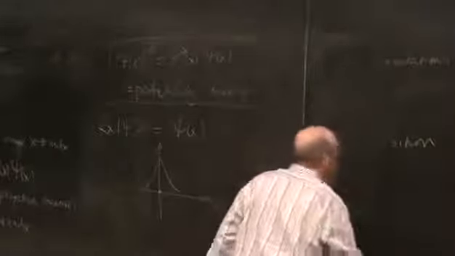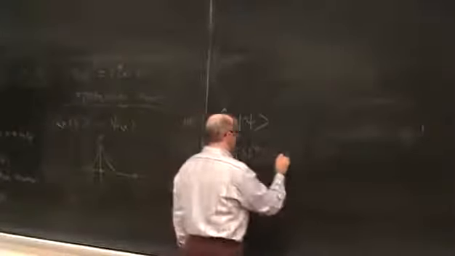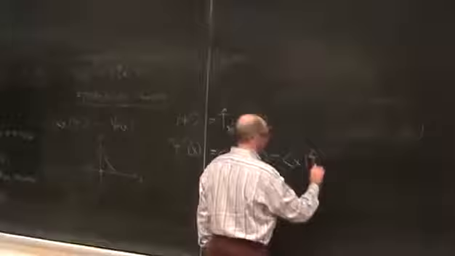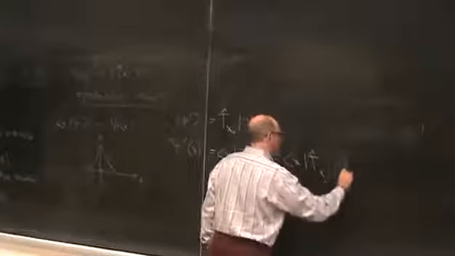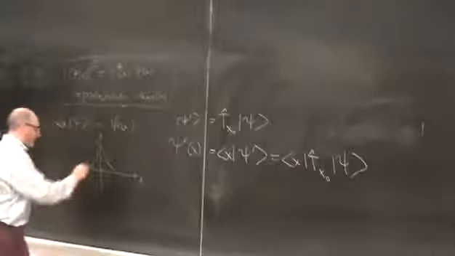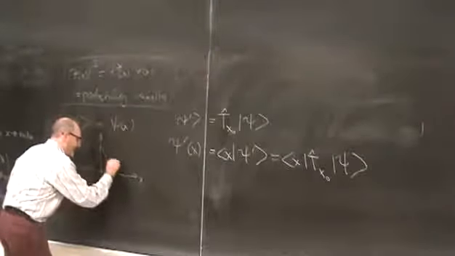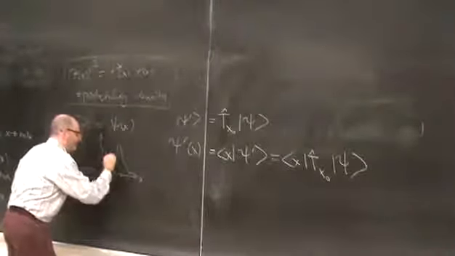Let's call psi prime, and let's translate it by an amount x naught. And what is the wave function now? Well, it's just the guy that's translated by x naught.